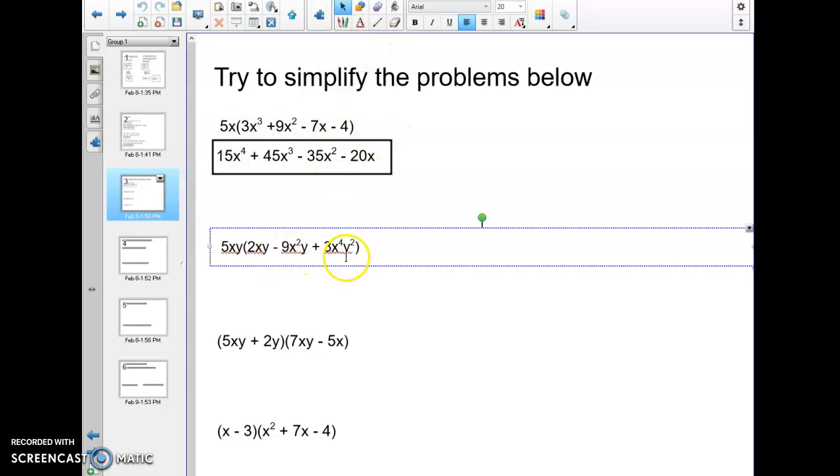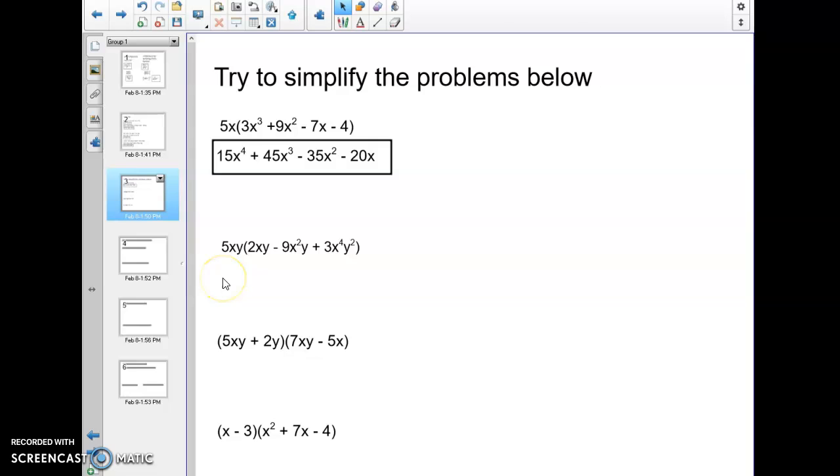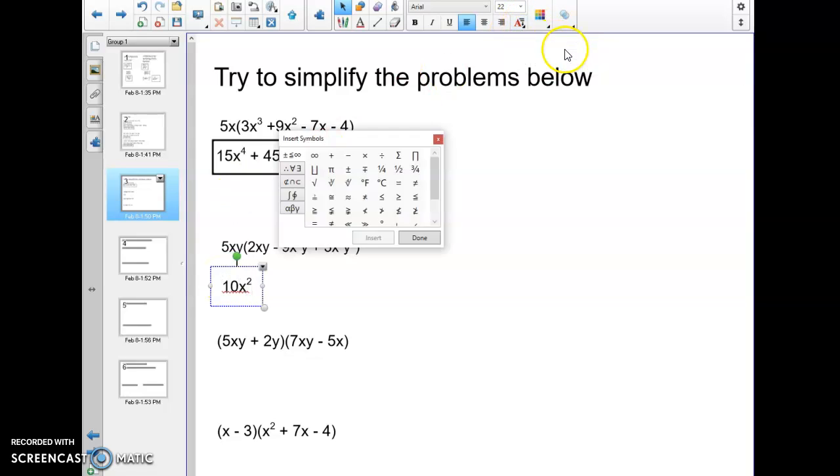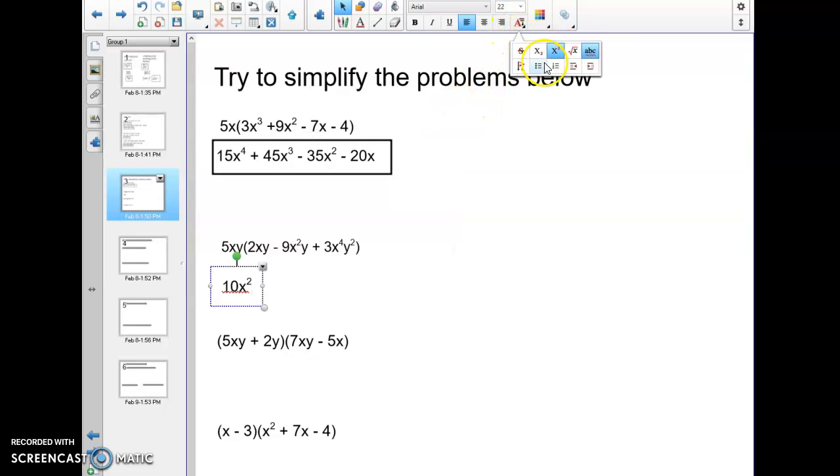Same deal. We're just distributing here. 10x squared y squared. And once again, each variable has a 1 exponent. This is not written there. So I'm literally just adding them. 1 and 1 is x squared. For the y's, 1 and 1 is y squared.